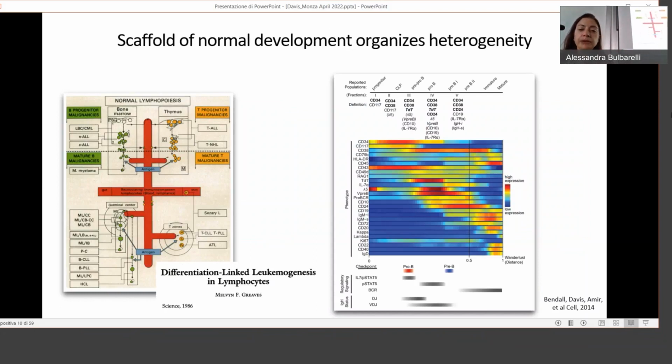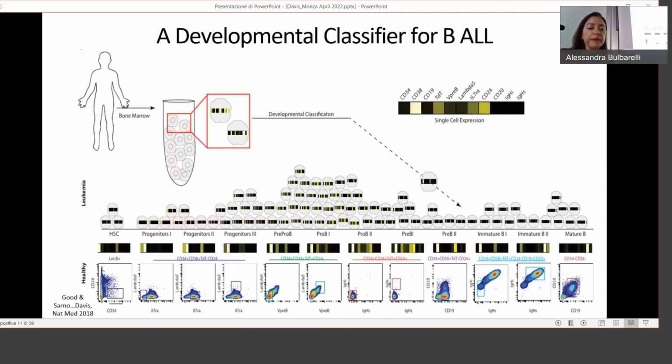So this heat map here is from a paper I published when I was in Gary's lab, where we used mass cytometry to look at healthy B cell development in human bone marrow. And we were really able to outline the developmental stages by surface markers, intracellular markers, and then also signaling and actually immunoglobulin rearrangement to put cells in their developmental trajectory.